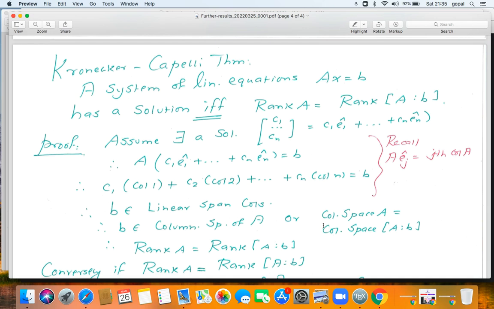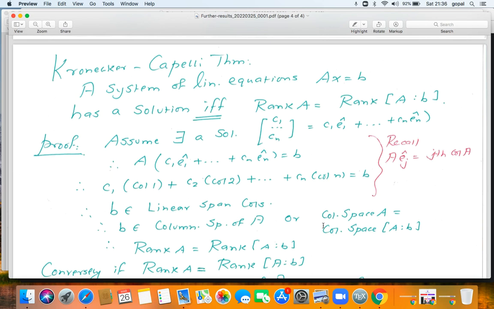It is C1 times e1 cap plus C2 times e2 cap plus ... plus Cn times en cap. So let us substitute this into the equation. It is supposed to be satisfied. So C1 times Ae1 cap plus C2 times Ae2 cap plus ... plus Cn times Aen cap equal to B.